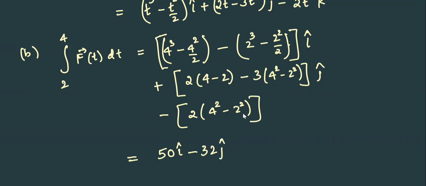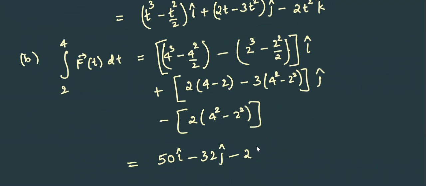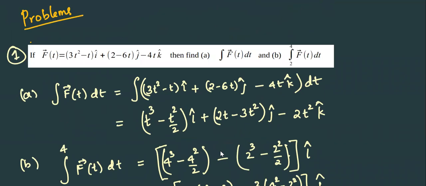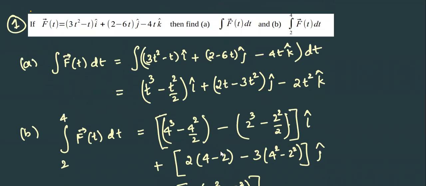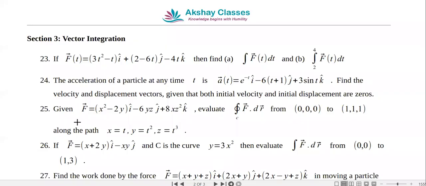And next one, 16 minus 4, 12 into 2, 24. So this is one example of a very simple line integral. Now let's look at another example.